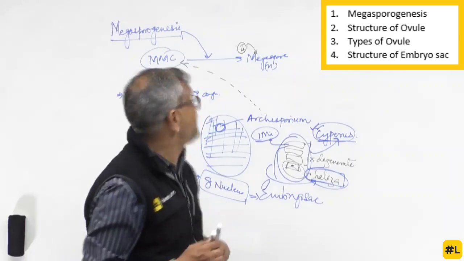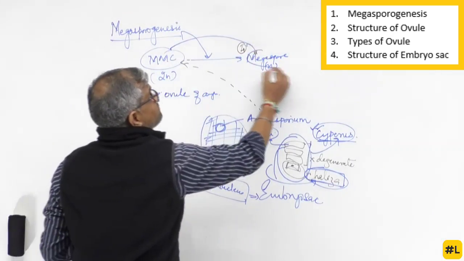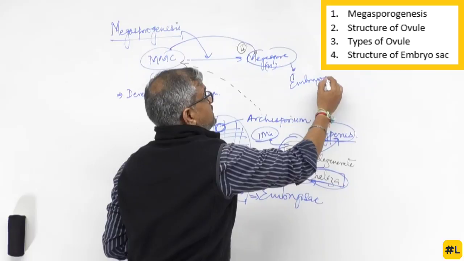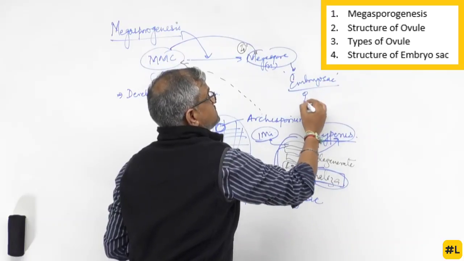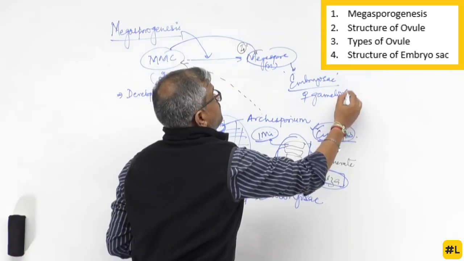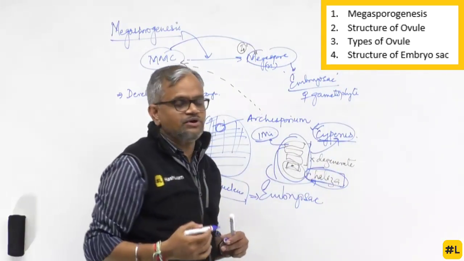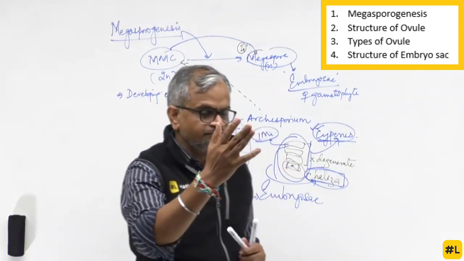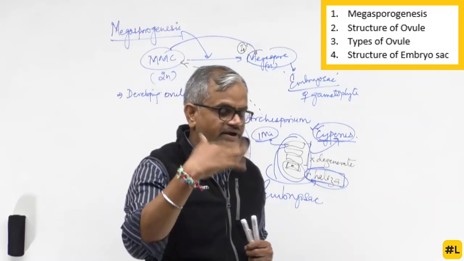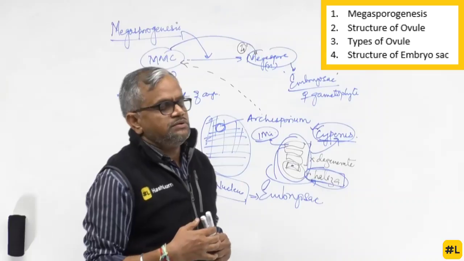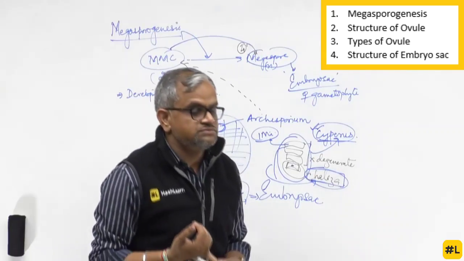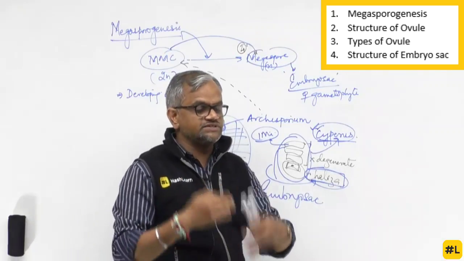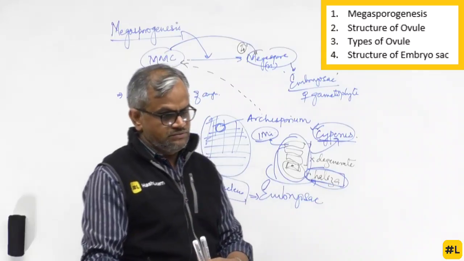Importance of meiosis in the MMC: it is responsible for megaspore formation, and this megaspore gives rise to the embryo sac, the female gametophyte. If meiosis had not happened, the female gametophyte would not have formed, and we would have never got endosperm. I will come back to it, Juhan. Filiform apparatus, obturator and its function, hypostase, all that will come in fertilization. Please try to understand it, right?